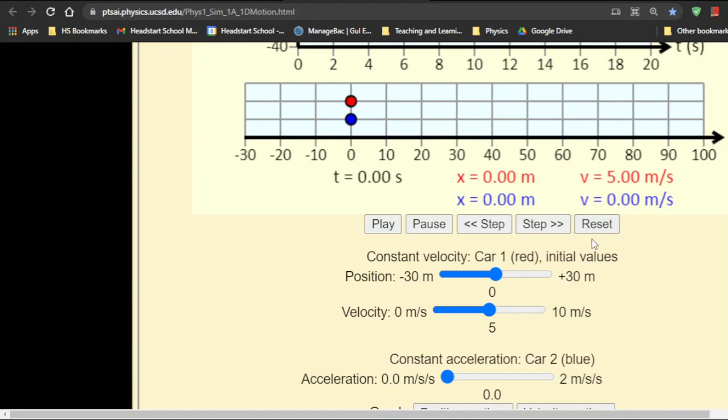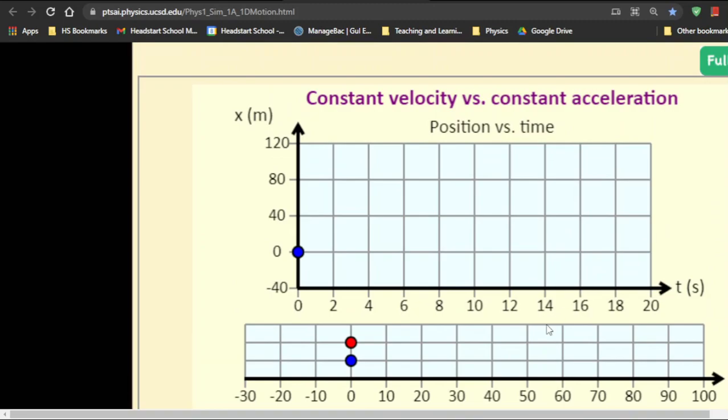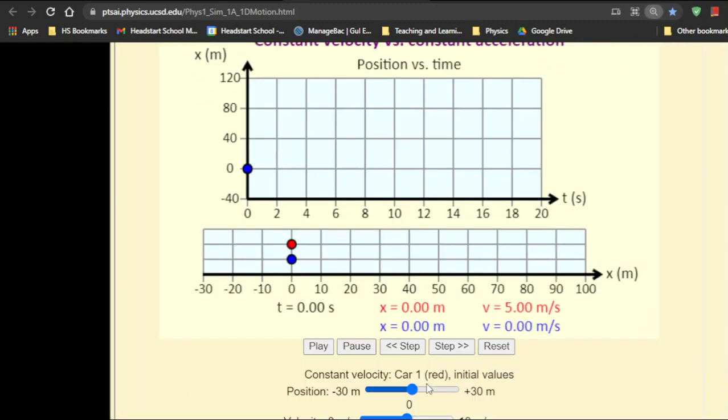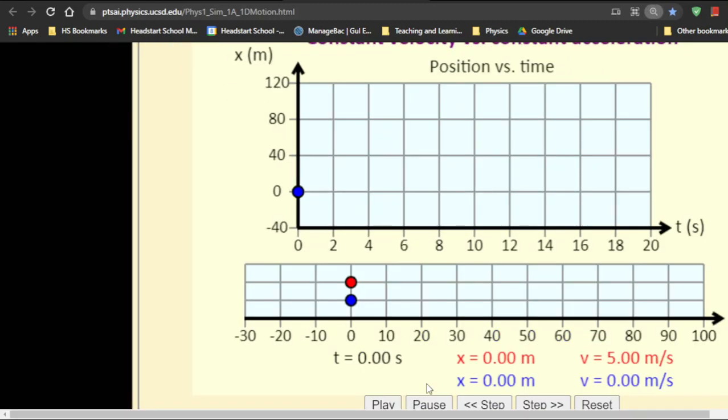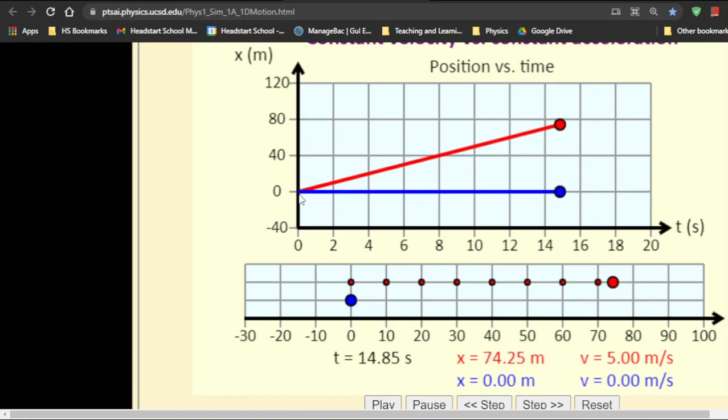Let's reset it, and this time watch the animation with the graphs. We are already aware of the blue graph because the position is not changing with respect to time, whereas the red one shows a straight line still, but this straight line is not completely horizontal, it has some slope.